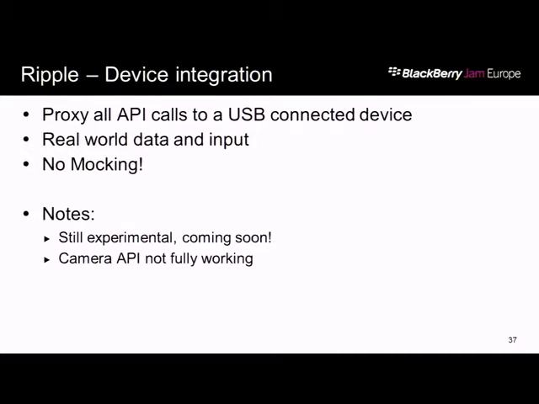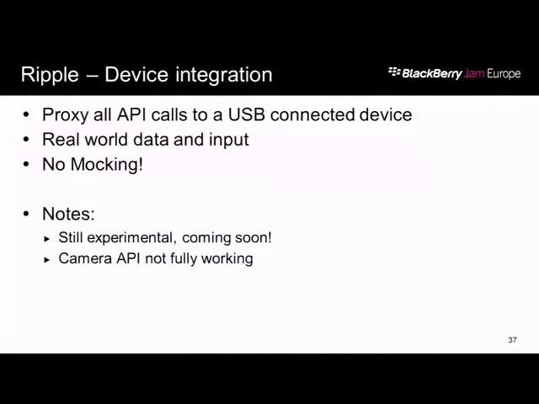This is something that we're working on to kind of alleviate some of this as well. So this is experimental. If you go to our GitHub repository, you can go through some pull requests and see some of the history on this. But we're working to add the ability in Ripple to actually proxy all the API calls. Instead of going to our mocked data that Ripple provides, actually go through the USB to the device and have the device process those API calls for Ripple.